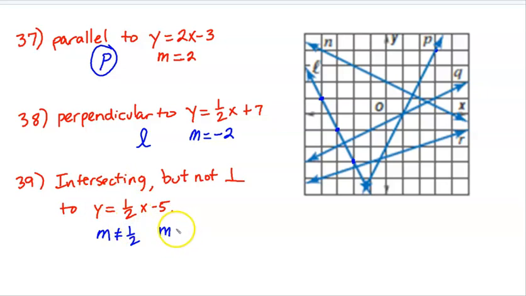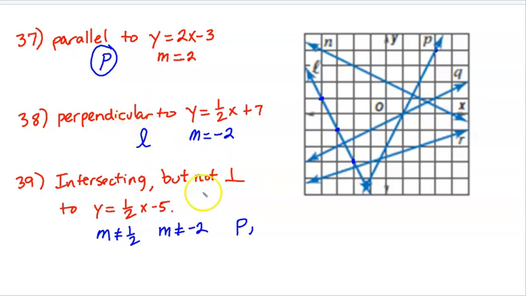We also do not want any of these lines that have a slope of negative 2, because that would make them perpendicular. So we know line L is out. Line P has a slope of positive 2, so line P will be included in this group. Basically it's any of the lines that do not have these slopes.